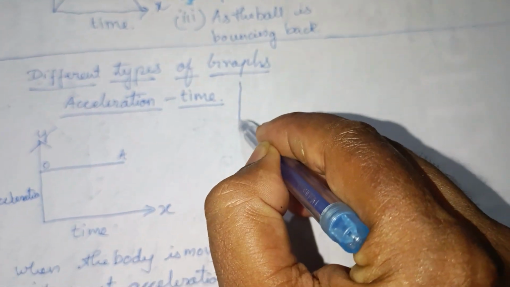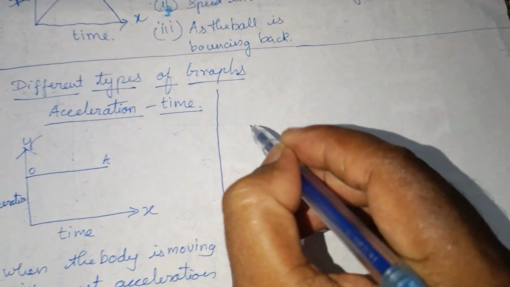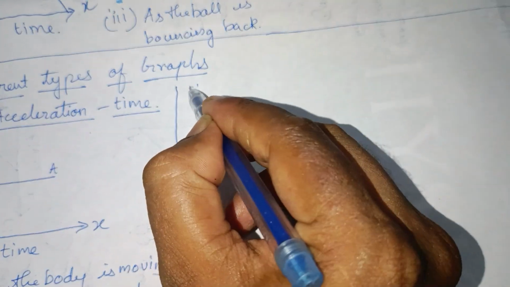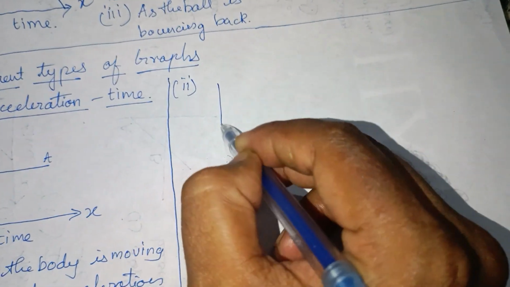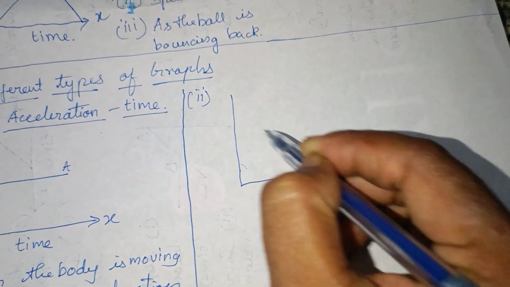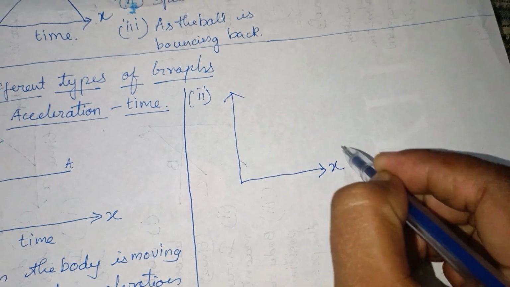Let us draw the second type of graph with respect to acceleration and time. In the second type of graph, this is my x component and this is my y component.